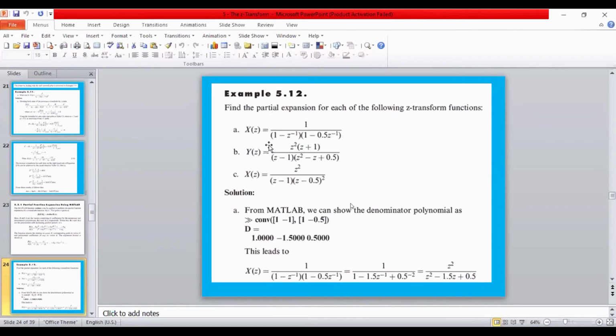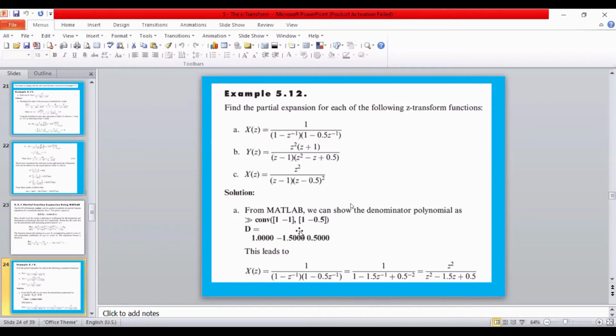I believe we had this already. We did it by hand. Now we can check, if I'm not mistaken, or at least it looked very similar to this one. So we can check it using MATLAB. So first of all, there's a function conv, which allows you, suppose you're lazy to cross multiply these two terms, to simply put the coefficients.